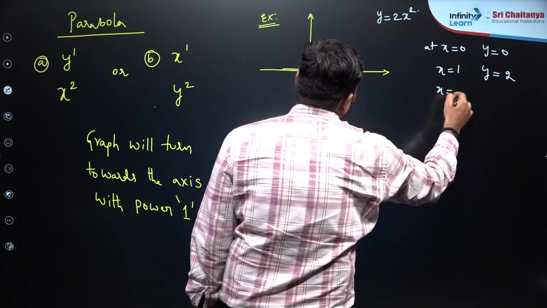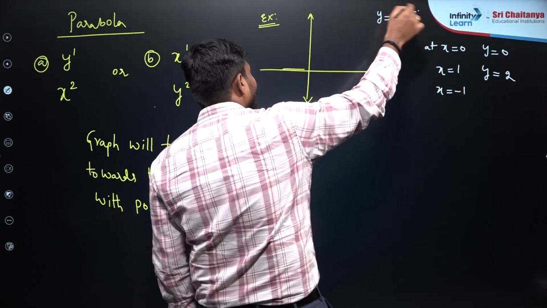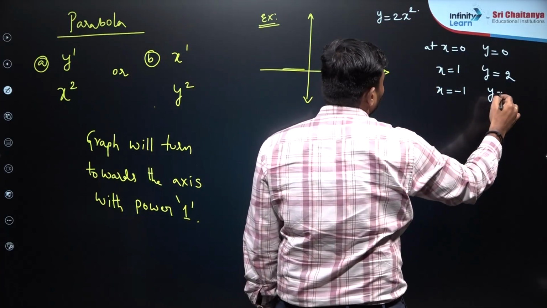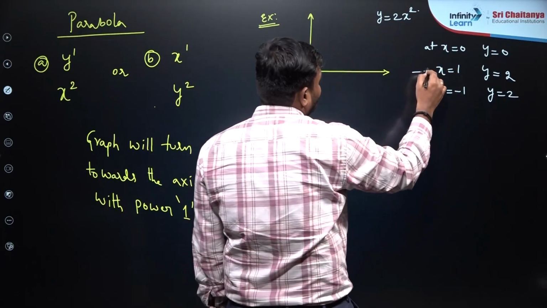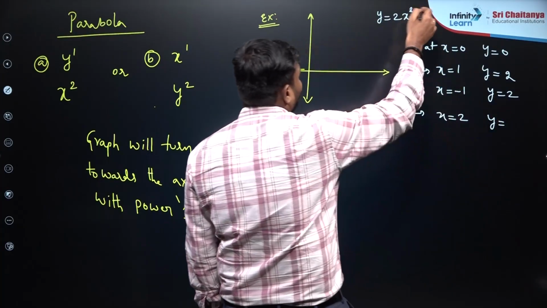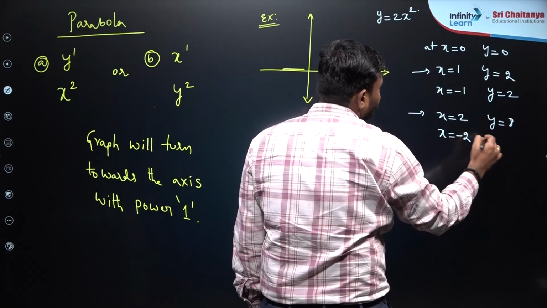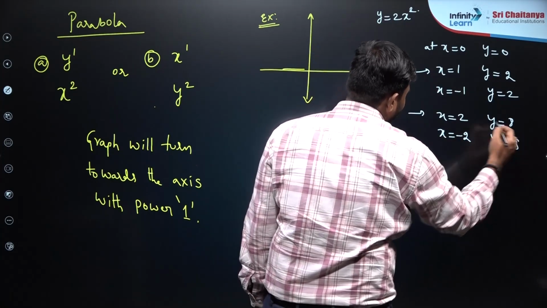At x is equal to minus 1, minus 1 into minus 1 is plus 1, so y will be still 2. Clear? And at x is equal to 2, y would be 2 square into 2, that is 8. And if you put x is equal to minus 2, still y would be plus 8.